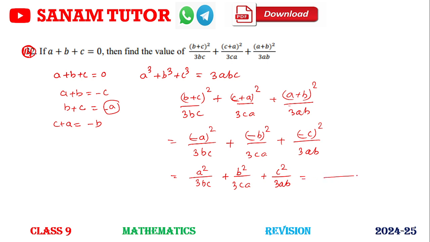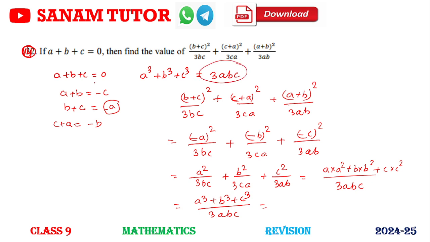Now take LCM. So LCM is 3abc. So 3bc cancel, so a into a square, similarly b into b square and c into c square. Now we can write a cube plus b cube plus c cube divided by 3abc. Yes or no? And in place of a cube plus b cube plus c cube, we can put 3abc, because a plus b plus c equal to 0 means a cube plus b cube plus c cube equal to 3abc.